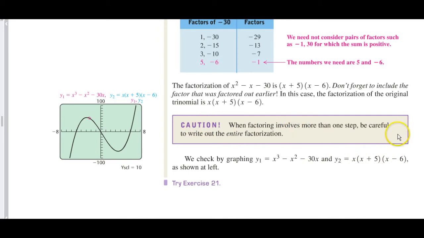Now, they're going to show us something, and I guess I could show it to you right now, that suppose this original thing was an equation, that is, it equals 0. This y over here was 0. Then we'd see one of our answers is this, one is this, and one is that.